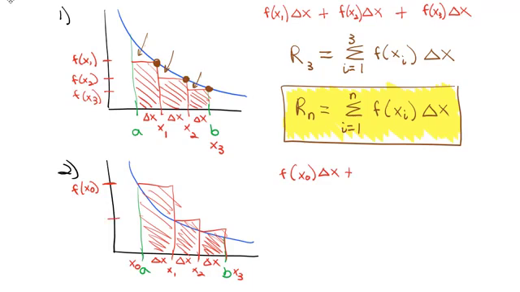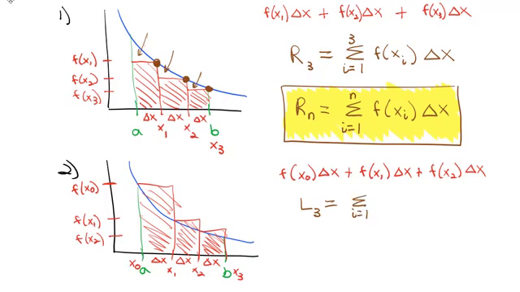Then the second rectangle is f of x1 times the delta x. And the third rectangle is f of x2 times the delta x. And so what we end up with is 3 rectangles that hit the graph on the left.